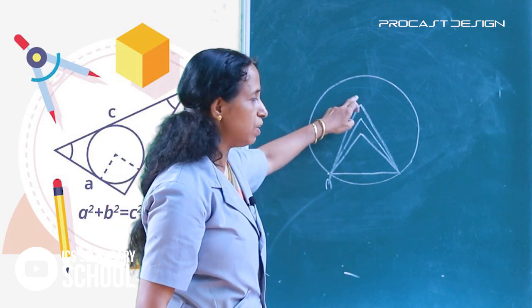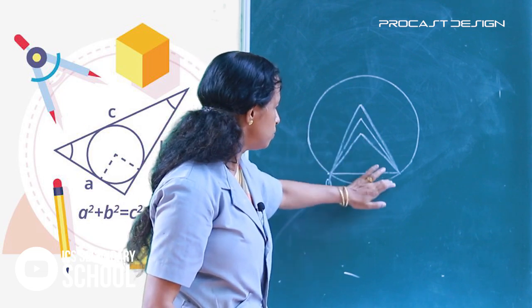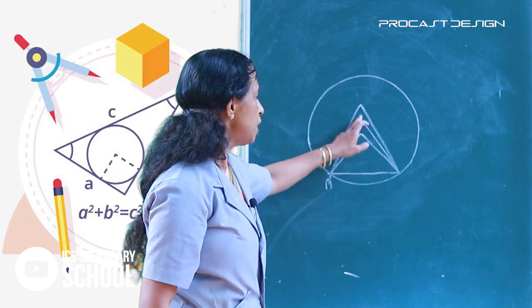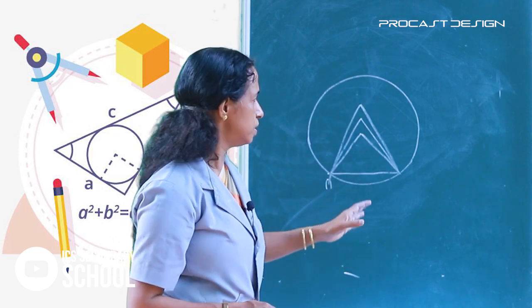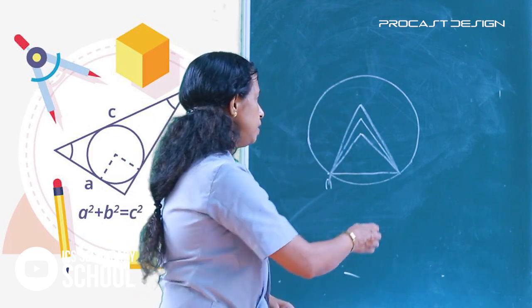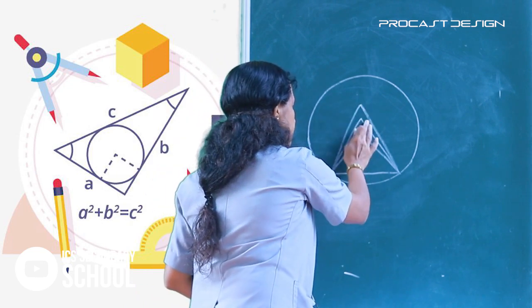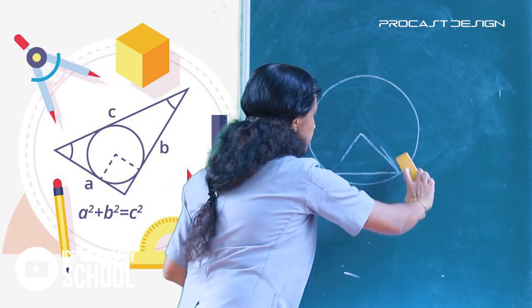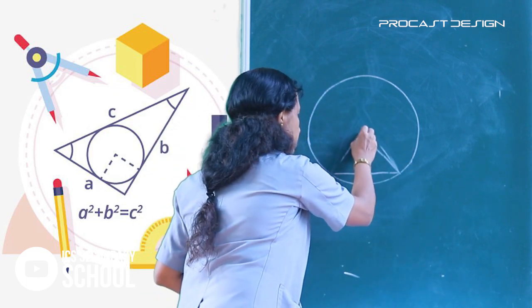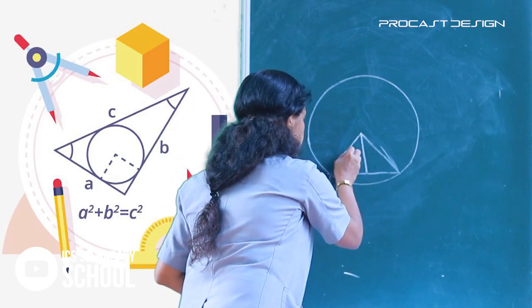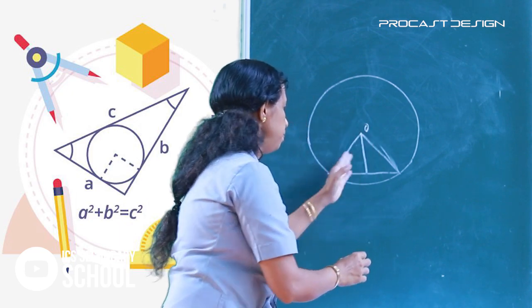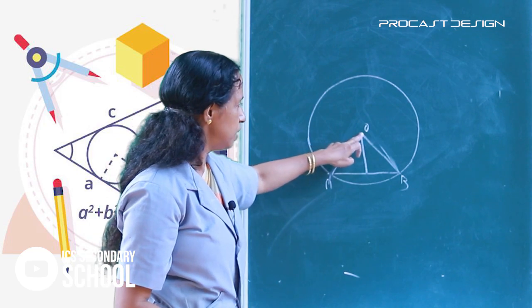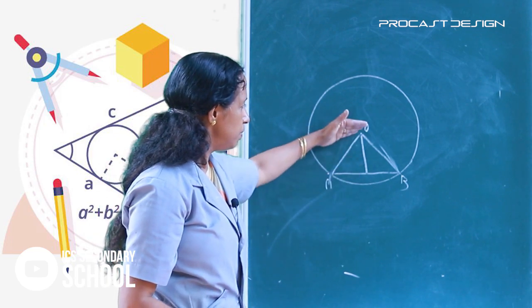This is an isosceles triangle, and O is the third vertex of this triangle. This is O, A, B.